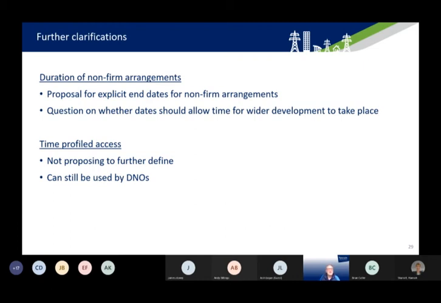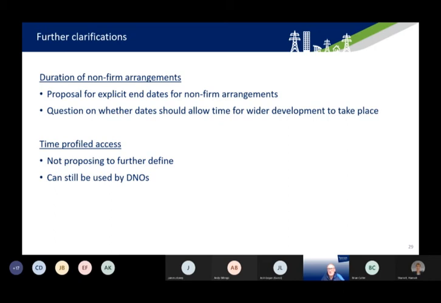And then time profile access, which was something that was proposed to take forward in the June position. They've decided they're not going to do any more work on that. It can still be used if need be, but they're not going to try and make that completely common at this stage. Time profile access is used occasionally by DNOs.